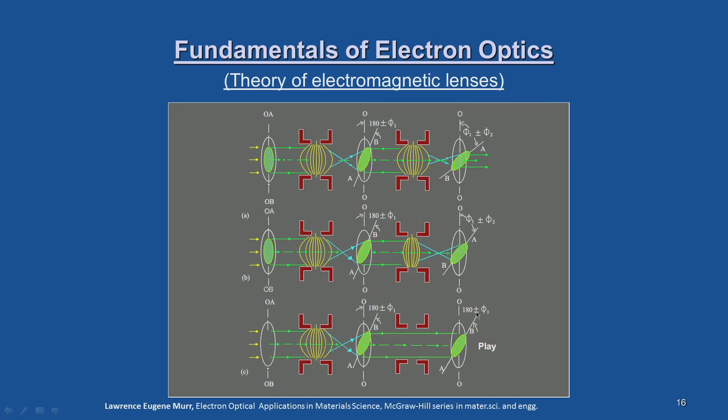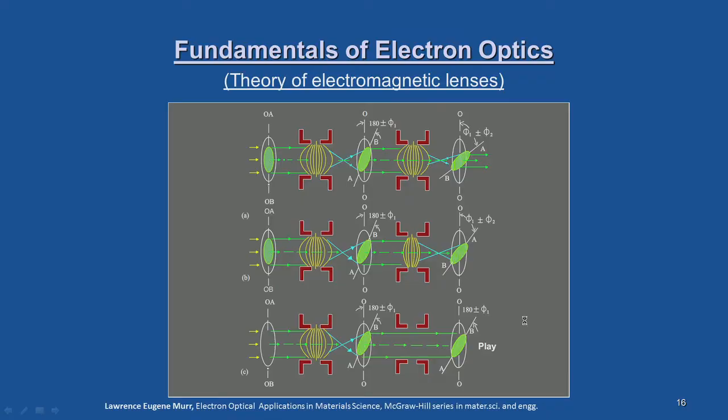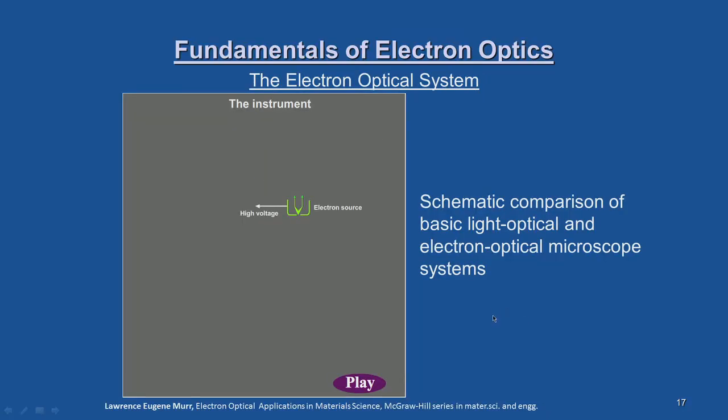So, this particular schematic with the animation clearly demonstrates the primary difference between electron optical system or electromagnetic lens system with the light optical system. This is the only difference you can make between these two systems, otherwise rest all the same.